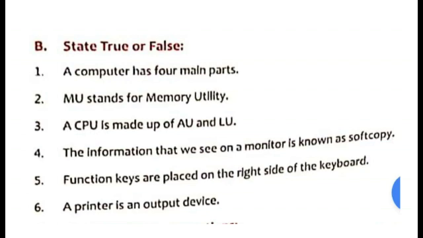Question number 4. The information that we see on a monitor is known as soft copy. Yes, it is true. Number 5. Function keys are placed on the right side of the keyboard. Answer is false. It is placed on the top of the keyboard.